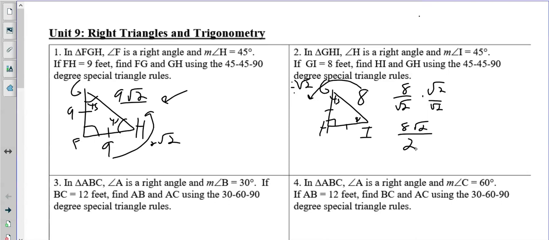So radical 2 times radical 2 is 2, and radical 7 times radical 7 is 7. Then the last thing you have to check is, can this reduce? Since 8 and 2 are both even numbers, this reduces to 4 radical 2. And that's for this side and this side.